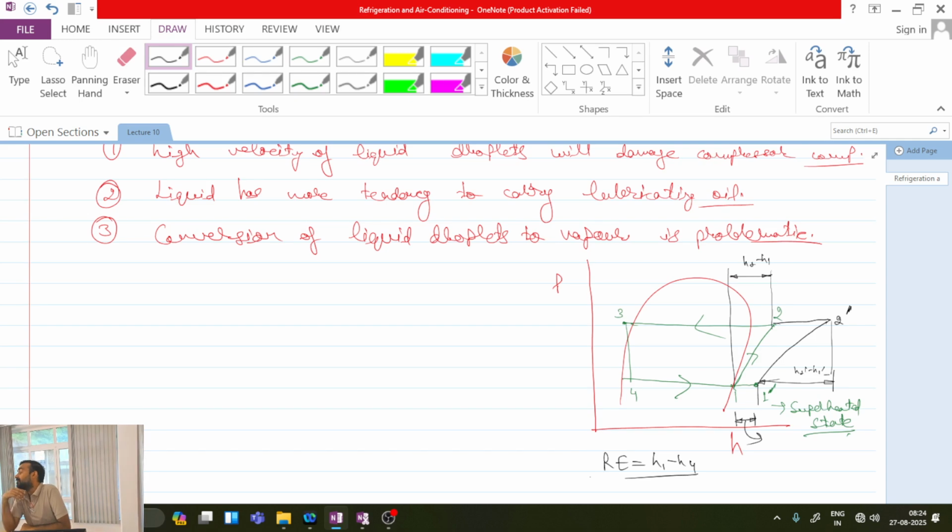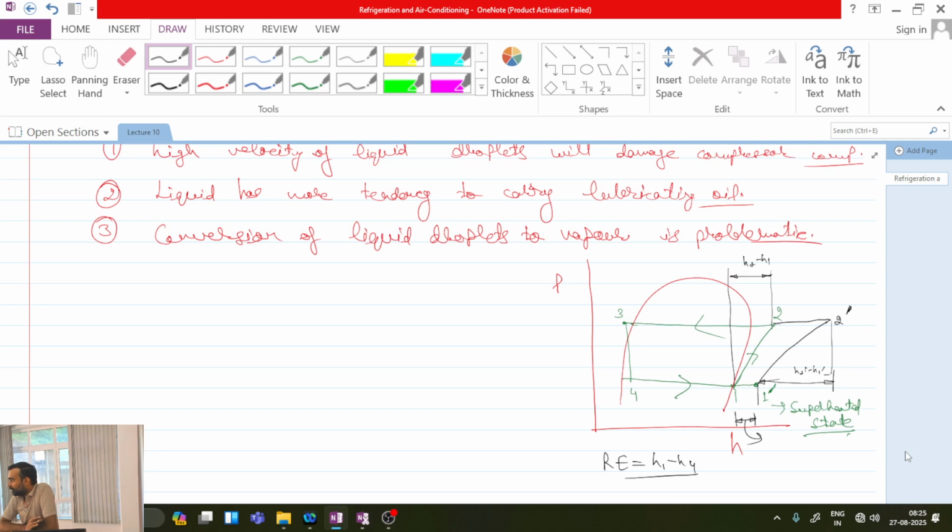So ultimately the COP will decrease significantly, and if you make certain mechanism so that this superheating can happen within the system itself, then this superheating can also be added into the effective refrigeration effect, and it can control the decrease of COP, or it can avoid the significant decrease of the COP.